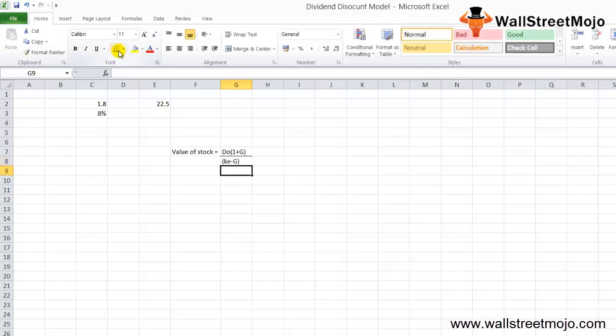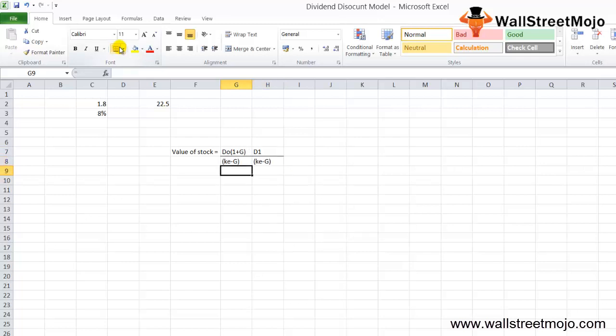He says the growth should not be bigger than KE. So it becomes D1 divided by KE minus G. This is going to remain the same. I hope you have got it.